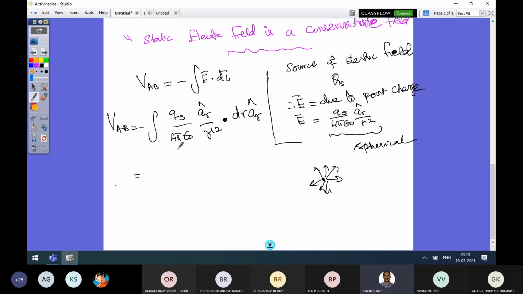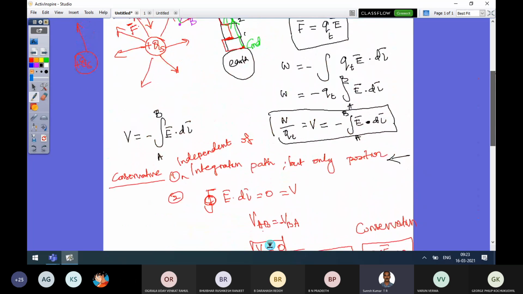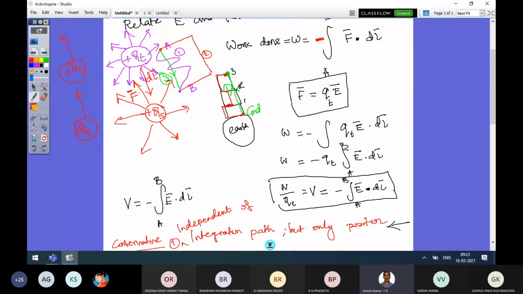It is independent of theta and phi. Whether you are going in a zigzag path or whatever path you take, that doesn't matter. It's not going to influence how much work you've done. So it's only decided by the shortest path, which will be the best path. The path will be the shortest path between the 2 points, or you can say radial. Radially, if you connect 2 points, that will be the shortest path. Okay, here in this case, I have drawn it in green color.